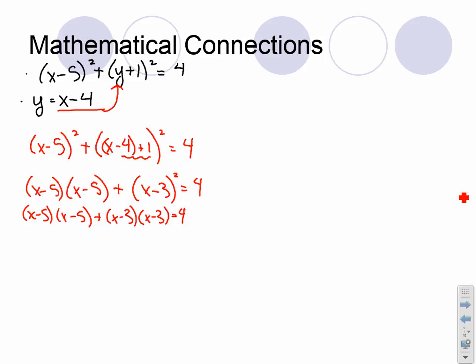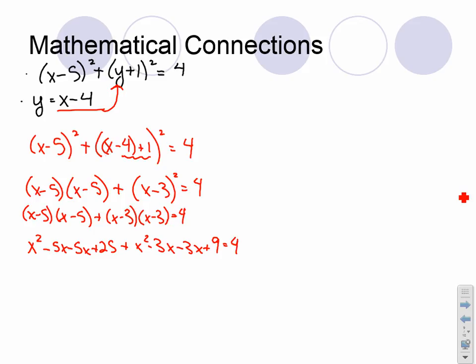All right, so now when you see that, I hope you're thinking, oh crap, I have to FOIL, but I know how to FOIL, so it's not bad. All right, here we go. So x squared minus 5x minus 5x plus 25 plus x squared minus 3x minus 3x plus 9 is equal to 4.